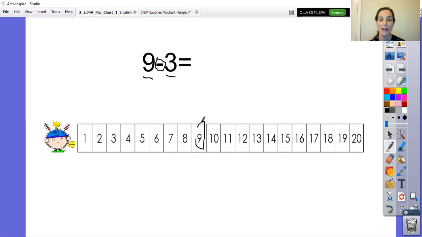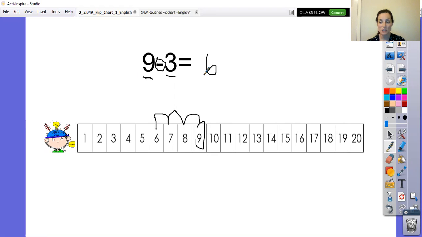We're going to go back 3 times. So 1, 2, and 3. So again, you should be using your number path and following along with me by starting at the number 9 and counting back 3. Whatever number you land on, that is your answer. So if you said the number 6, that is correct.